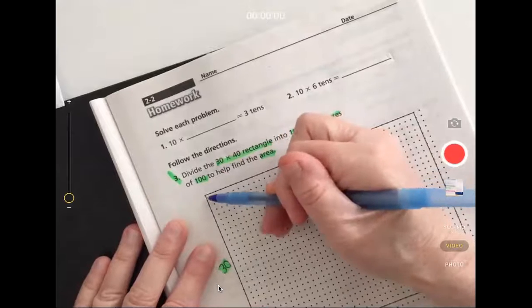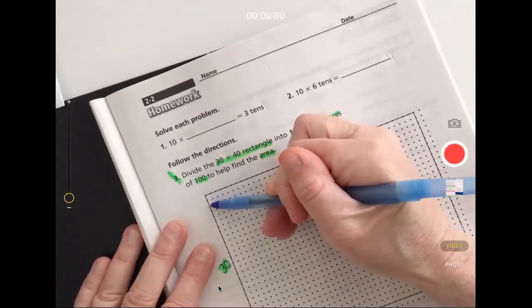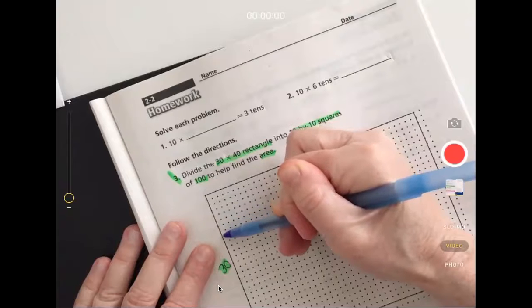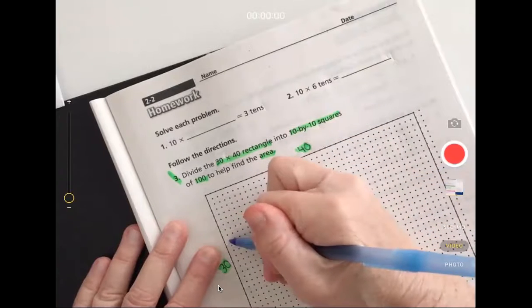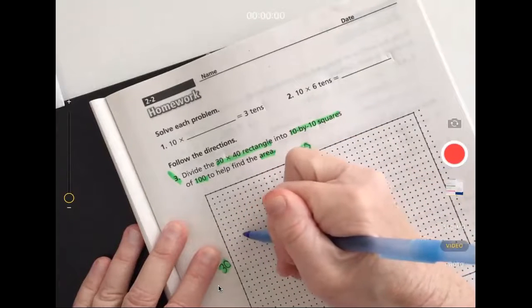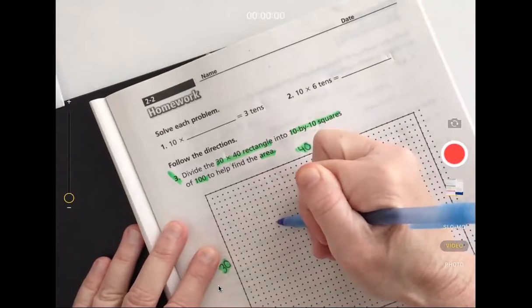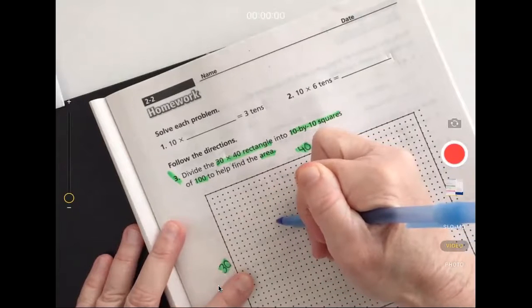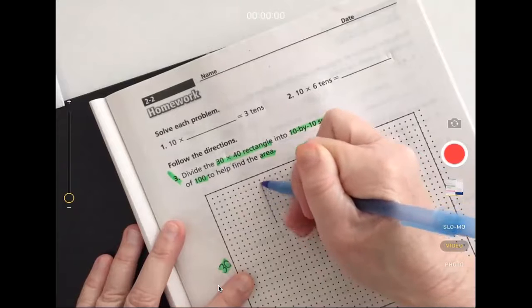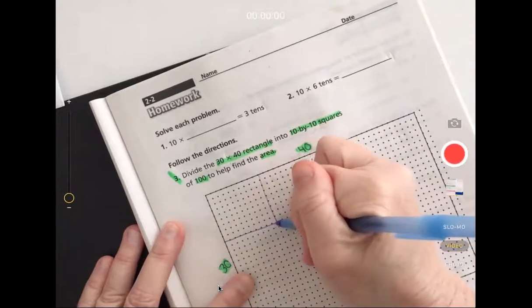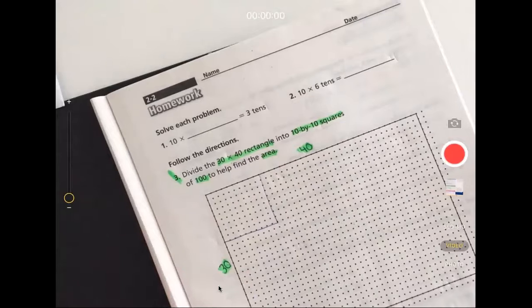So here we go. 1, 2, 3, 4, 5, 6, 7, 8, 9, 10. Okay, here we go. All right, so this is what I'm going to do.